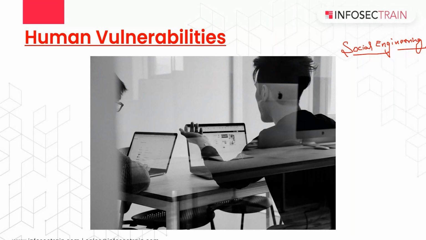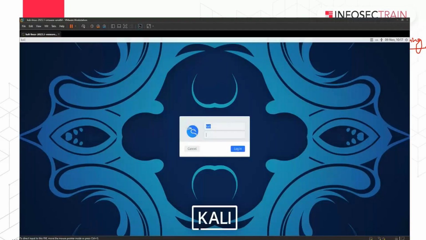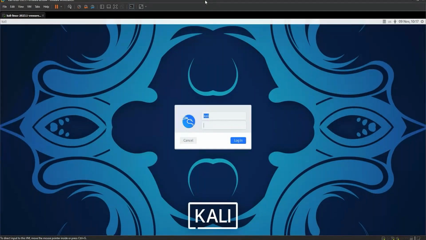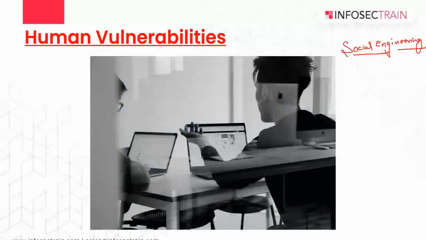Then I can give you lots of reward points. Let's say I say that I'll give you some reward points and you have to give me your email ID, you have to click on this link. So let's say I'm sharing a link with you. It's not a malicious link.